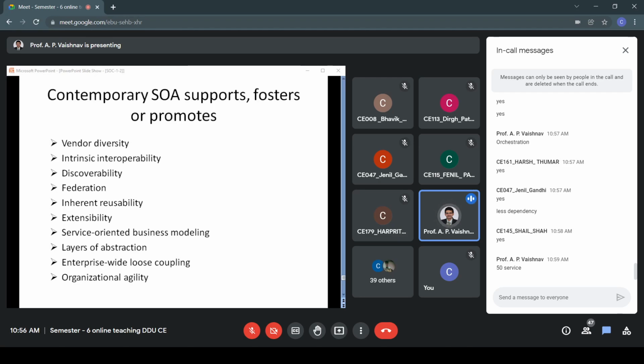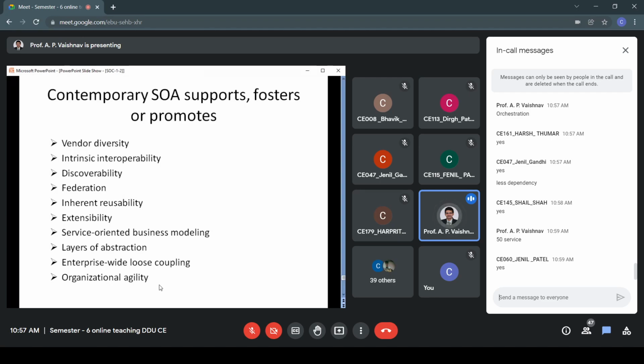If all the services are not dependent on the logic of each other, I can say it is using enterprise-wide loose coupling. Enterprise means within one company. All the services are loosely coupled. Clear with this term? What is enterprise-wide loose coupling?